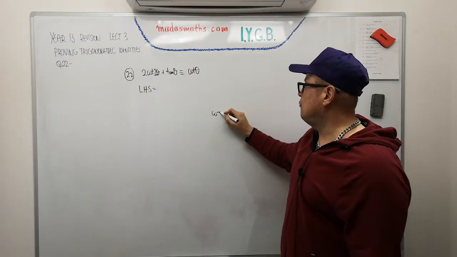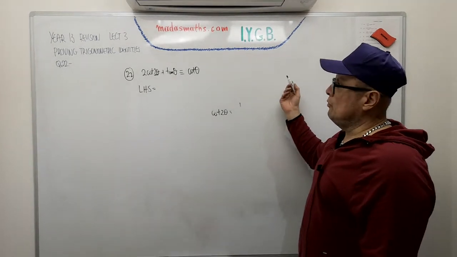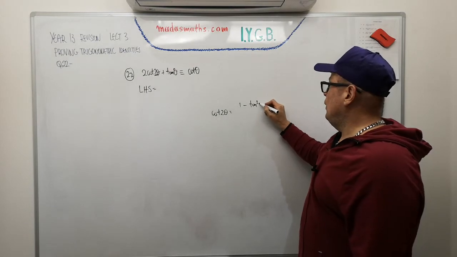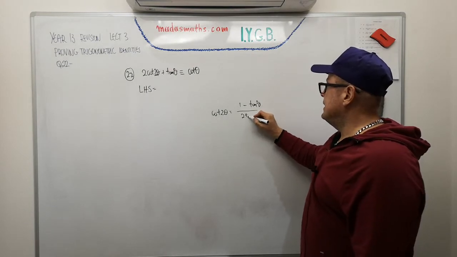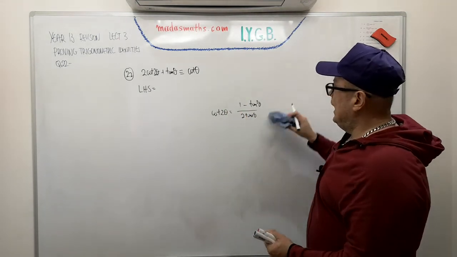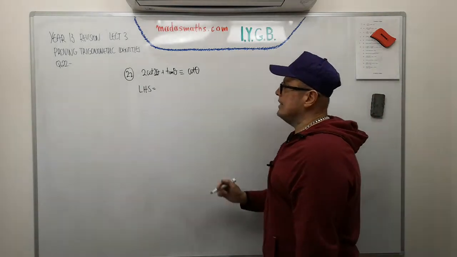You're not likely to know that the cot of 2 theta, written in terms of tan, is 1 minus tan squared theta over 2 tan theta, and then proceed from there to finish off. So it's a safe bet to go sines and cosines.